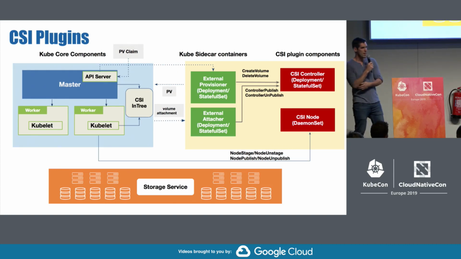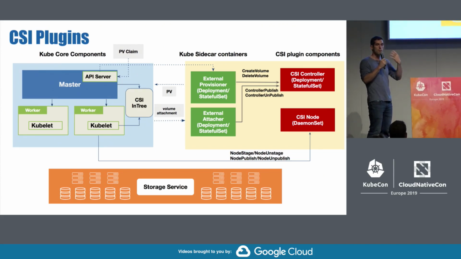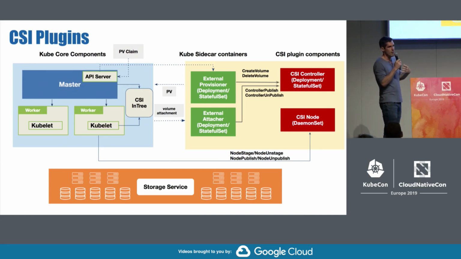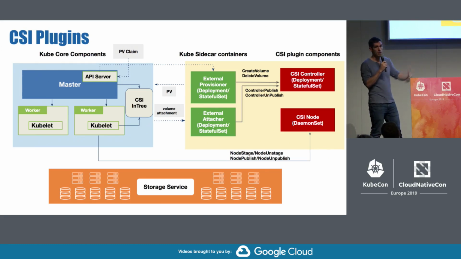So the model for CSI is basically everything goes to CSI, as opposed to external provisioners, where you still had some part that was in tree. The PV sources needed to be in tree. For CSI, you just have an external process that needs to register with the Kube API, and then listens for gRPC messages for all the operations that we care about.